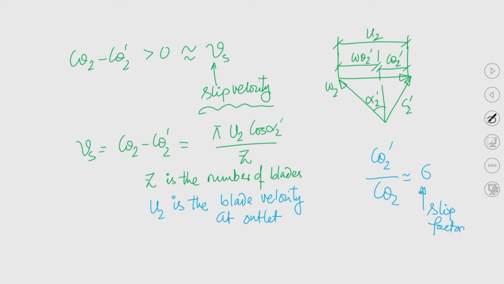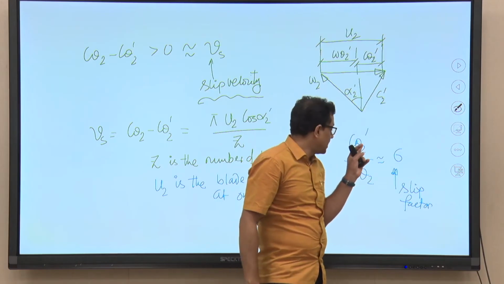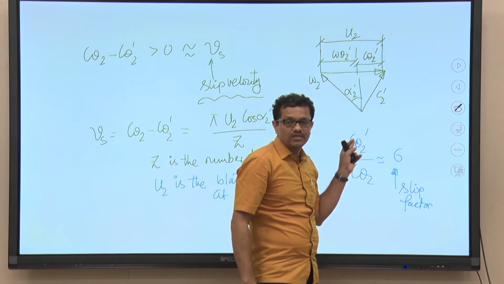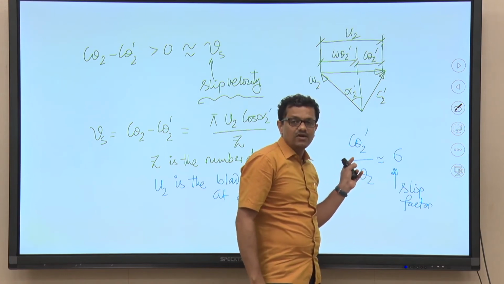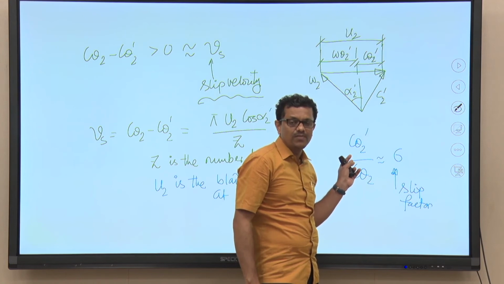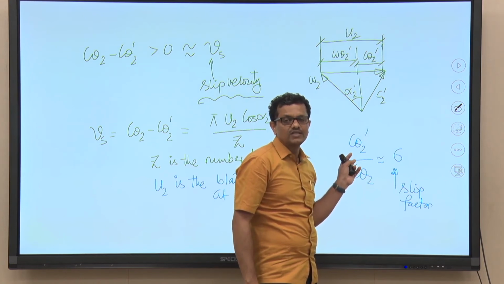So, this is slip factor, which is nothing but the ratio of the tangential component of absolute velocity when there is pump rotation to the tangential component of absolute velocity when there is no pump rotation.